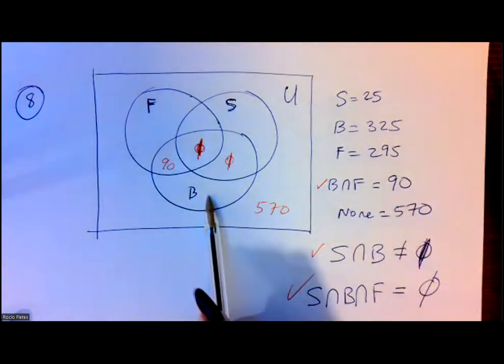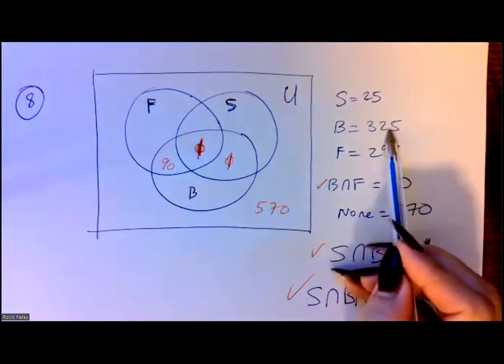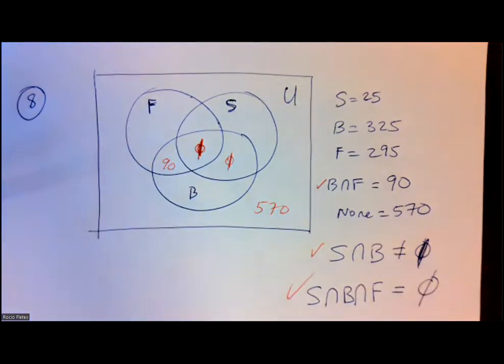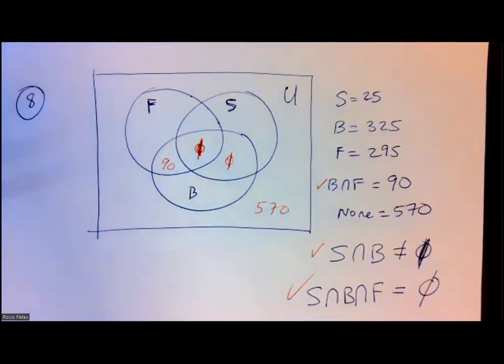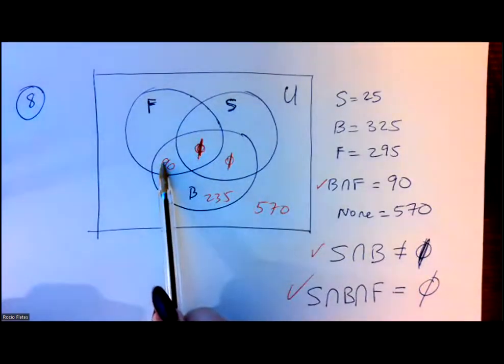So I can figure this out, right? What is this area here? This B here is going to be 325 minus 90. We get 235 here, because I subtract this 90.